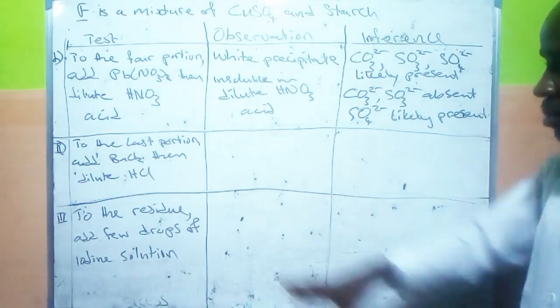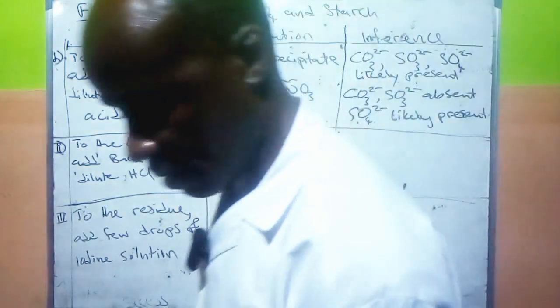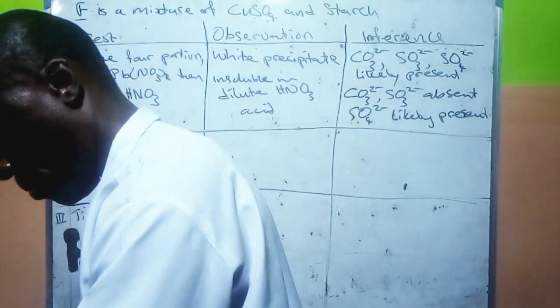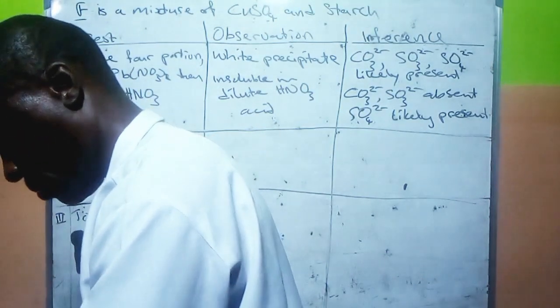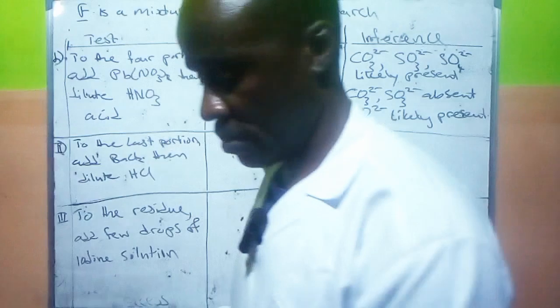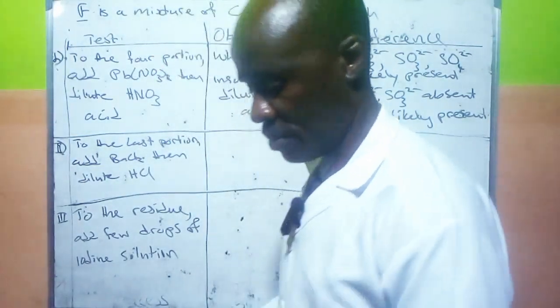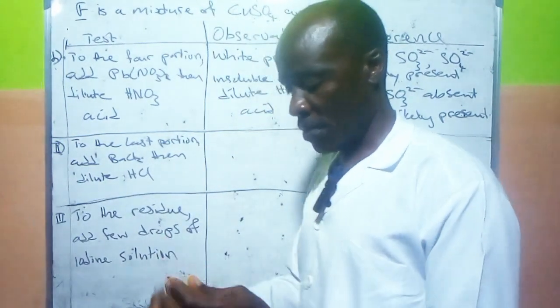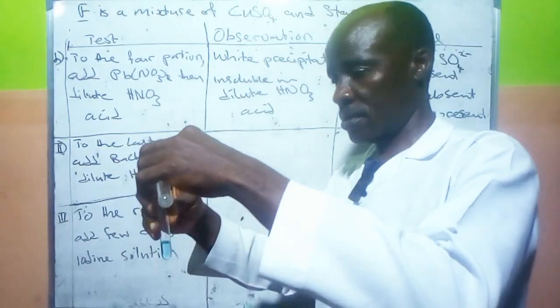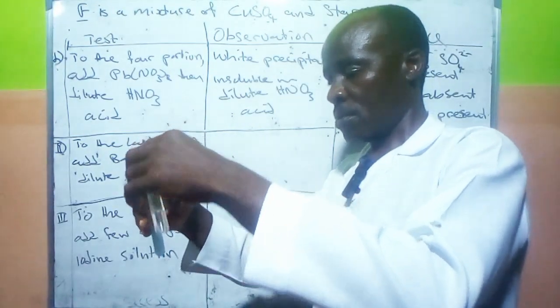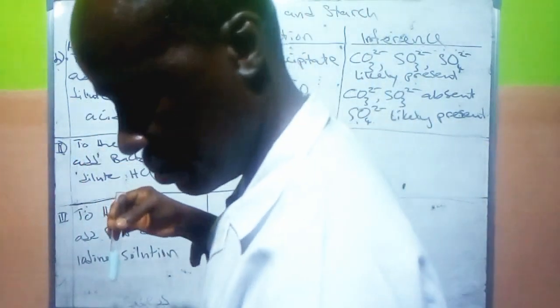So we'll go to the last one. So the last portion says we should add barium chloride. This is barium chloride solution. So the last portion we add barium chloride solution. So I'm adding barium chloride solution here. We have a white precipitate again.